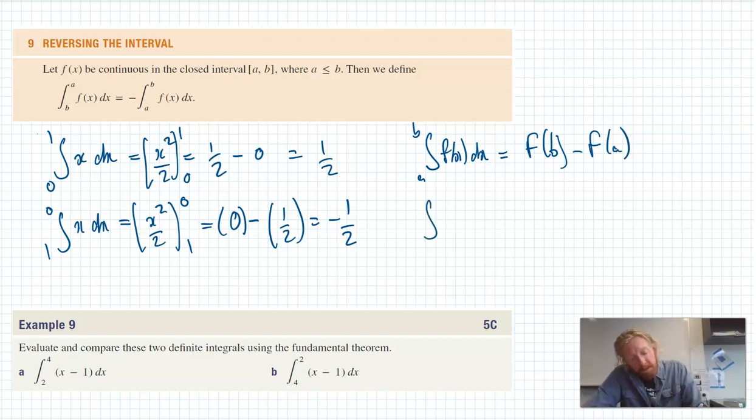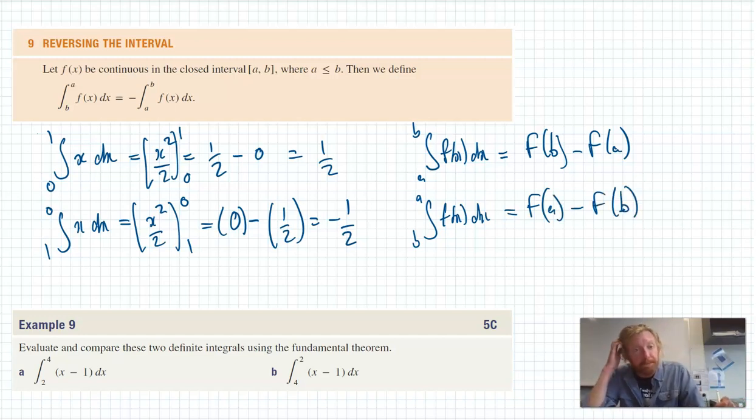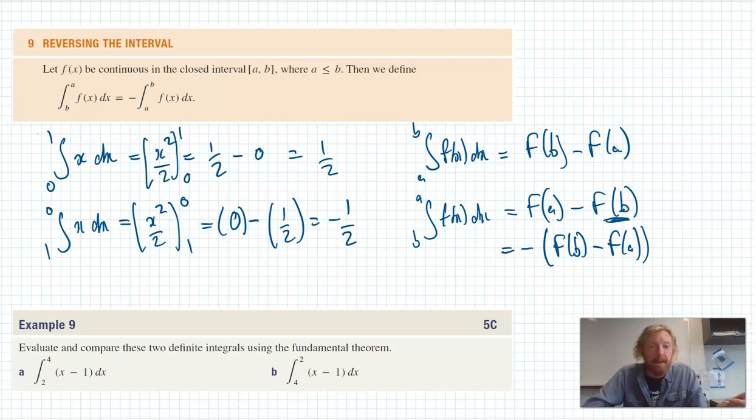If I reverse these, let's just see what happens. It's the primitive when a is subbed in minus the primitive when b is subbed in. Take out a negative: the f of b will become a positive, minus the f of a, and a minus is a positive. And that is equal to the negative of the original. So it works with the fundamental theorem of calculus.